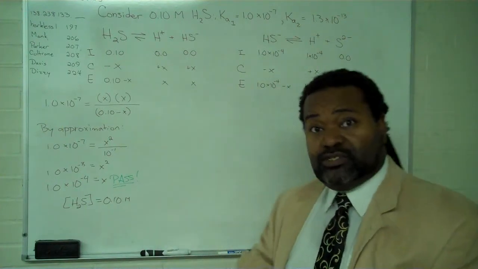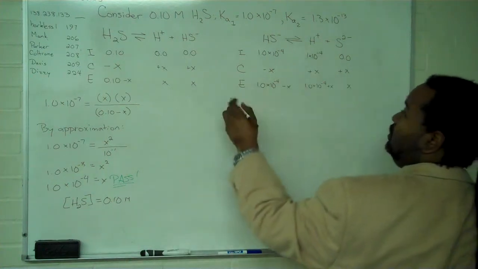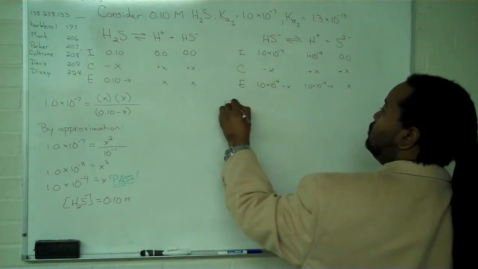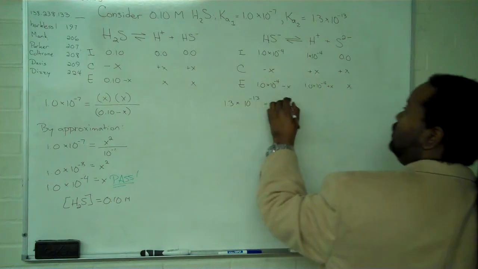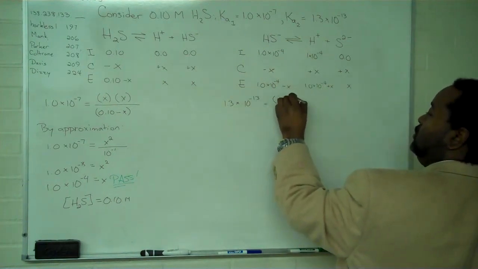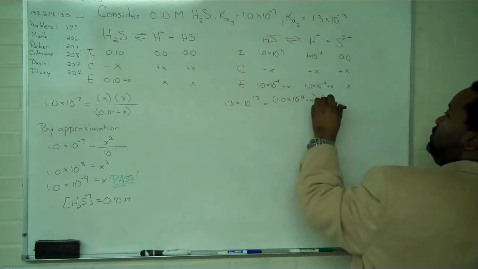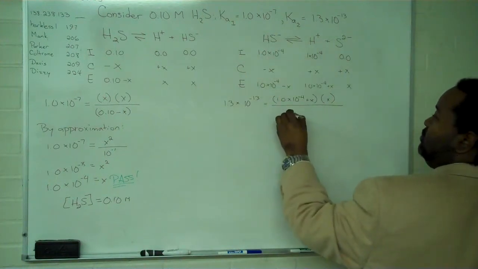So because we have our concentrations in the ICE table, it's straightforward to write out the expression, this time using Ka2, 1.3 times 10 to the minus 13 equals the hydrogen concentration, reading that directly from the table, times our sulfide ion concentration, all divided by HS minus.